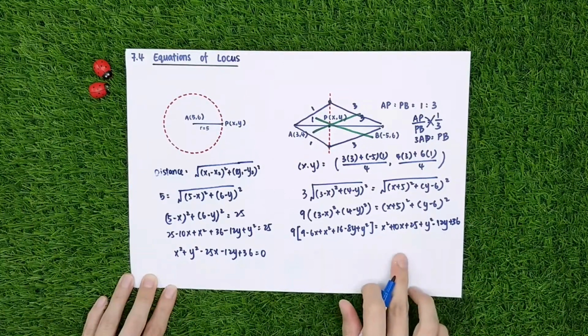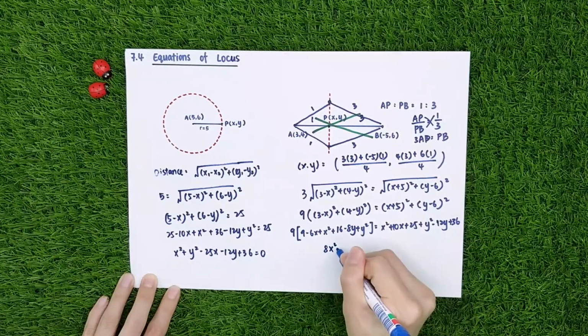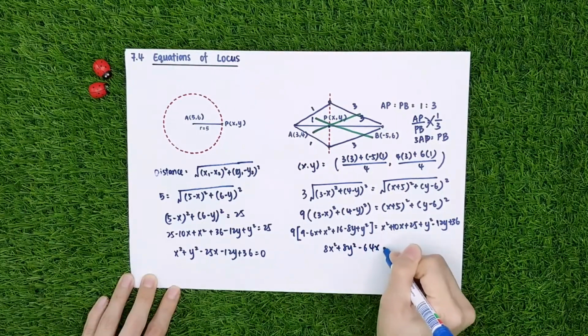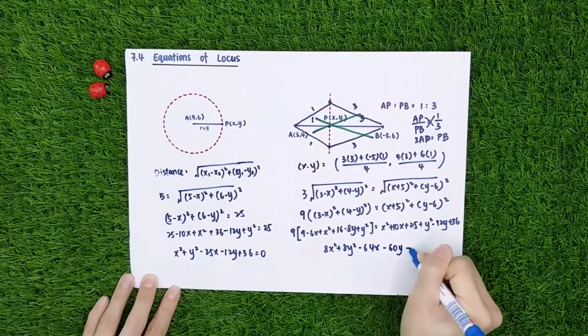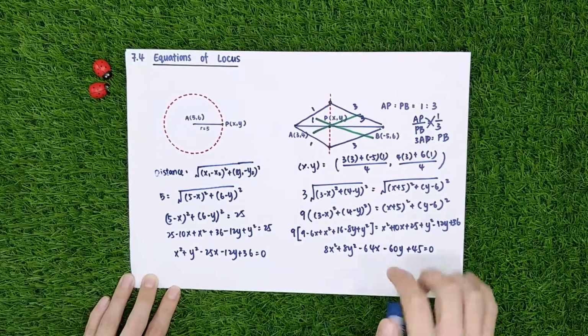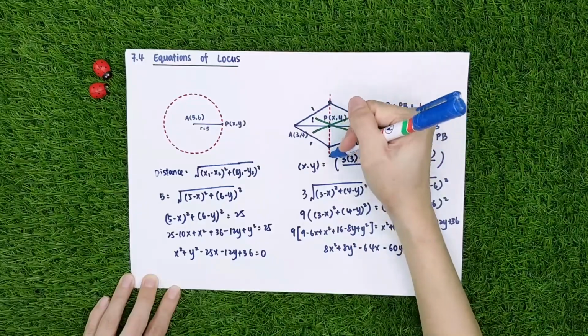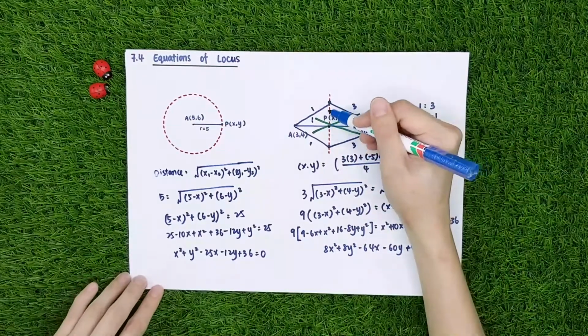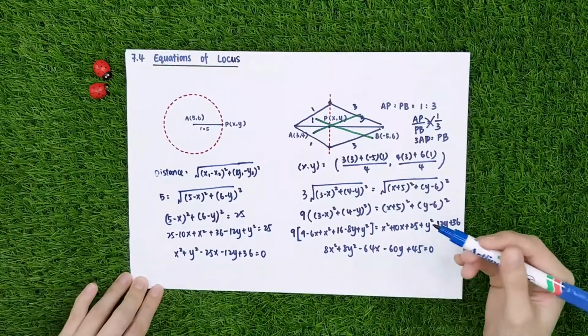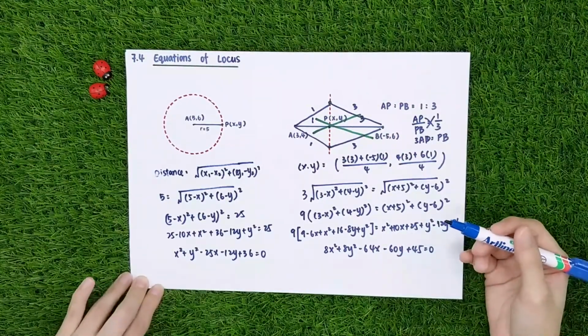After I rearrange it, I will get 8x squared plus 8y squared minus 64x minus 60y plus 45 is equal to 0. So this equation is the equation of this red line. No matter where the coordinates of P are, it fulfills this equation. So this is what the equation of locus means, okay?